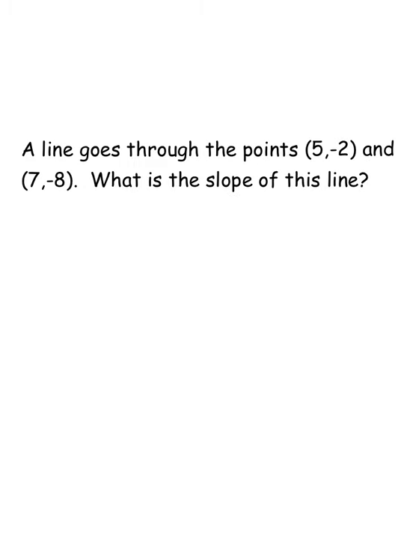Another one, it says a line goes through the points (5, -2) and (7, -8). What is the slope of this line? First thing we would want to do is write down the slope formula. If you need to, label your points, x1, y1, x2, y2.